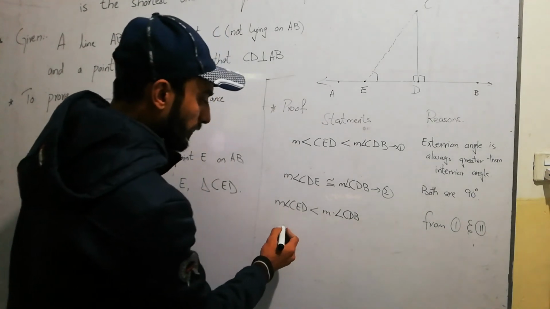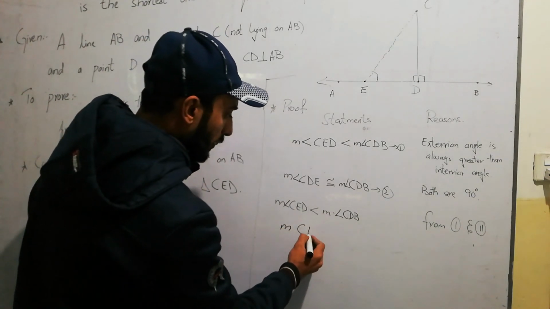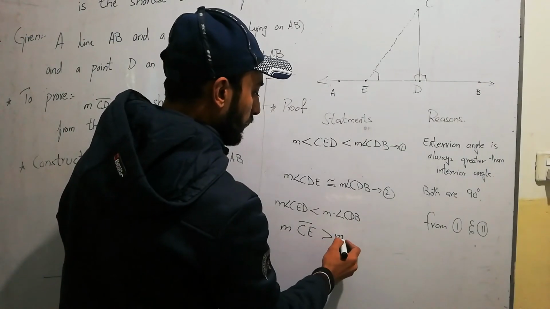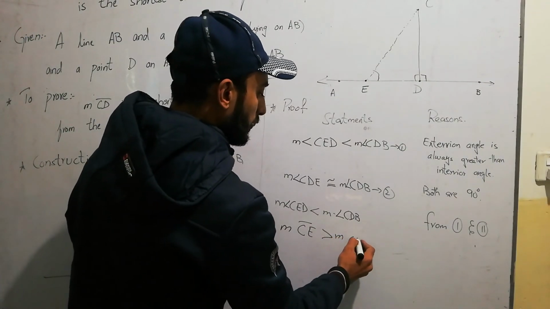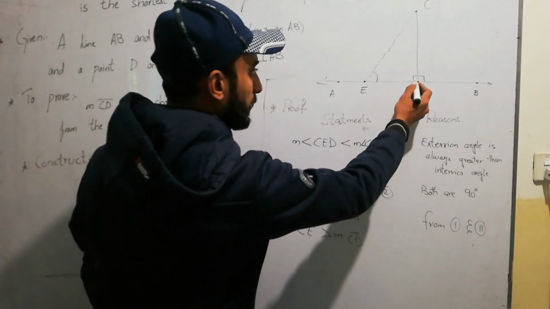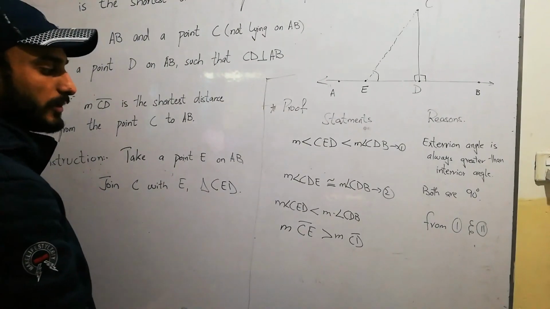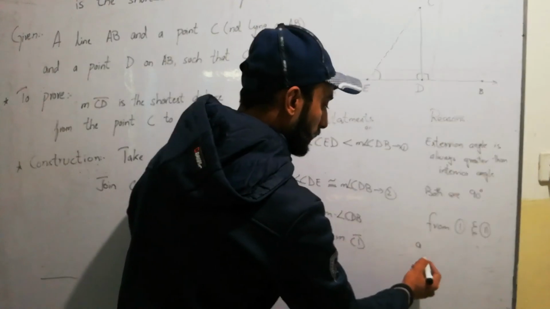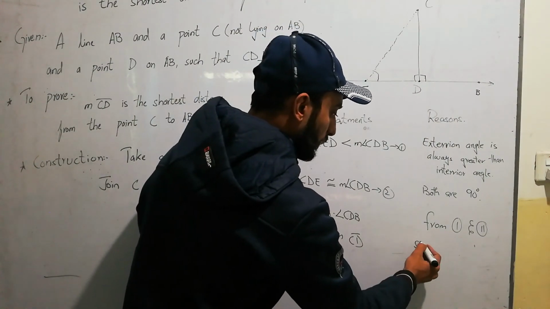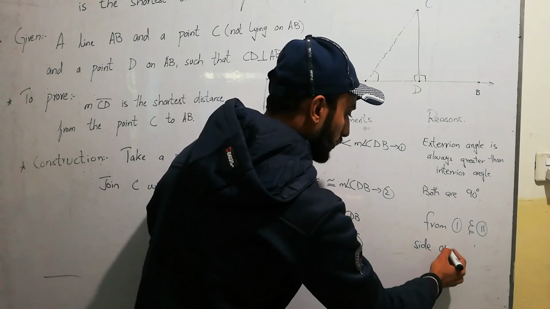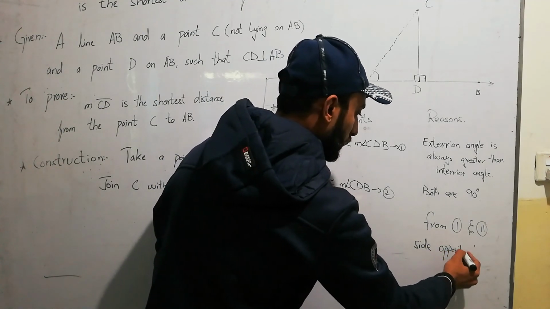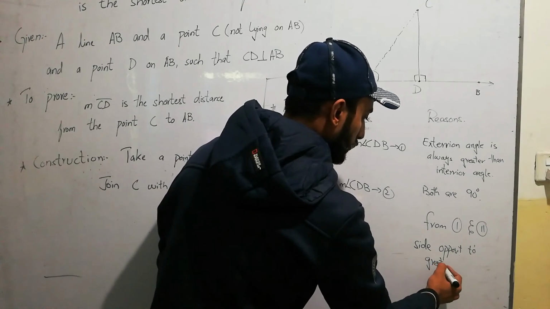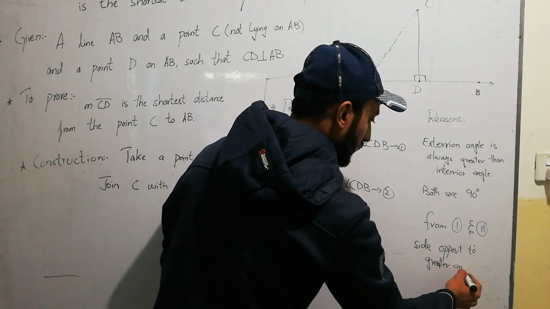So from here we can say that the length CE is greater than the length CD, because if this angle is greater then the side opposite to this angle is also greater. Here we can say that the side opposite to the greater angle is also greater.